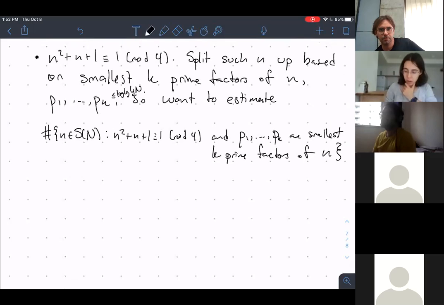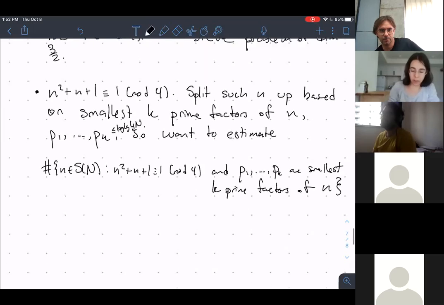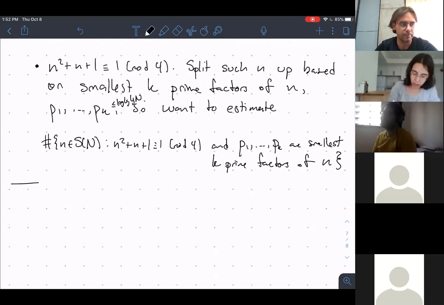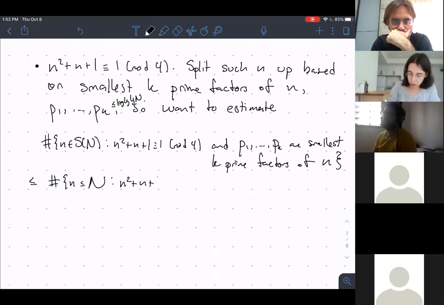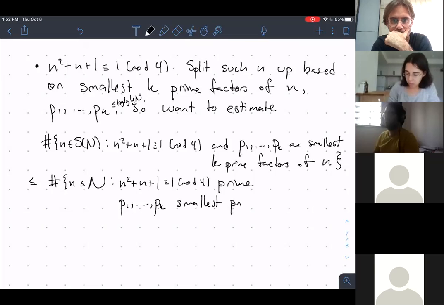Okay, so by using the lemma on this quartic residue condition, you actually want to estimate the number of little n below big N, such that n squared plus n plus 1 is prime, 1 mod 4, and p1 up to pk are the smallest prime factors of n.